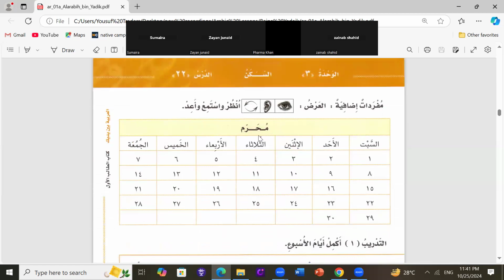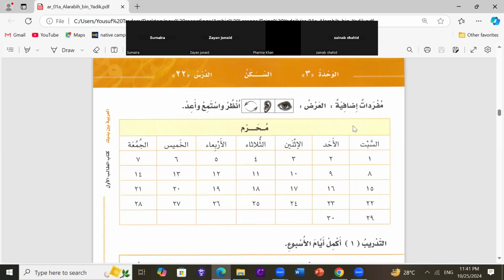Here, let me tell you about the days' names. These are the days' names. You can learn them by heart and repeat them aloud at home, like 5 to 10 times. As-Sabt is Saturday, Al-Ahad is Sunday, Al-Isnain, Al-Sulasa, Al-Arbi'a, Al-Khamis, Al-Jum'a. You can notice that some days' names are very similar in sound to the counting.